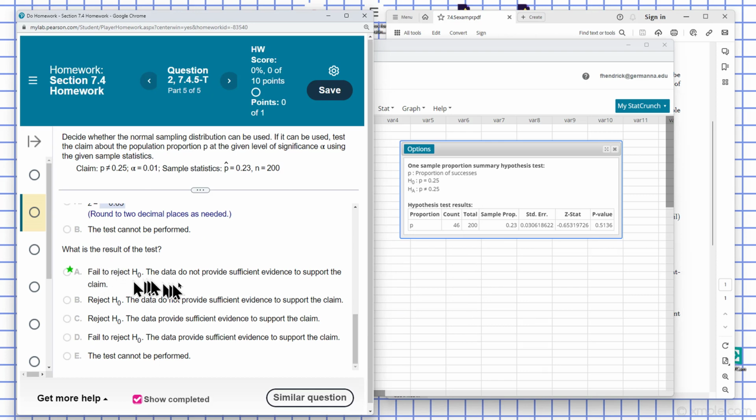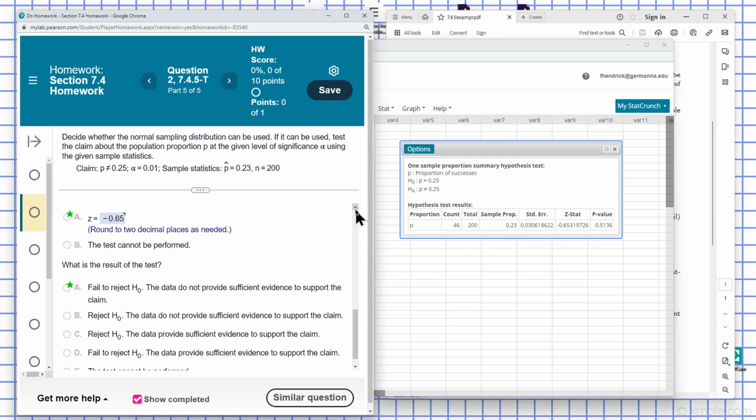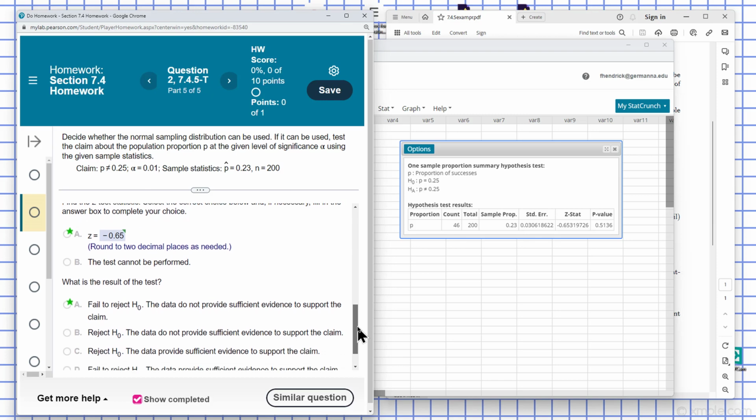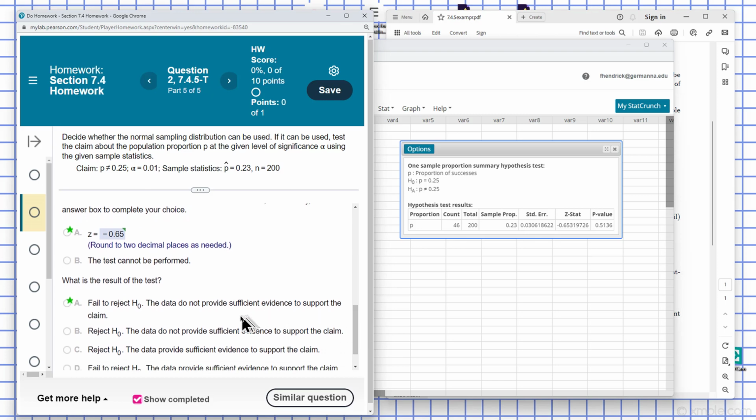That's the result. Notice here our test statistic is greater than negative 2.58. So since it's not in the rejection region, we end up failing to reject the null hypothesis.